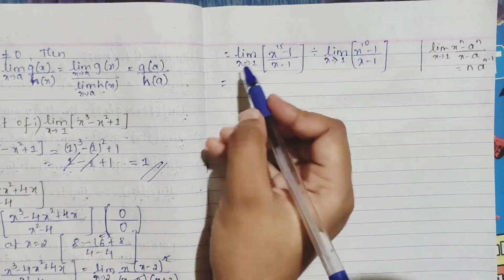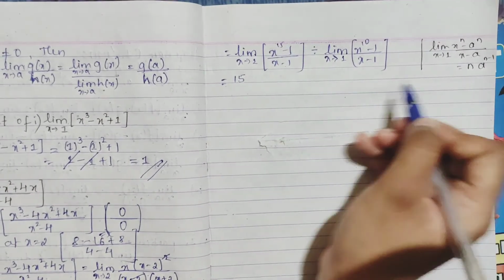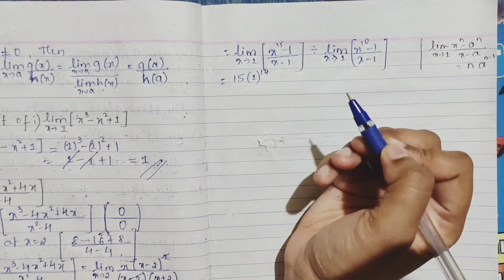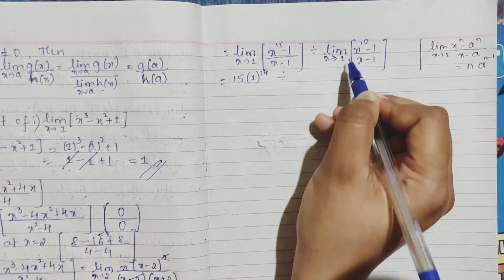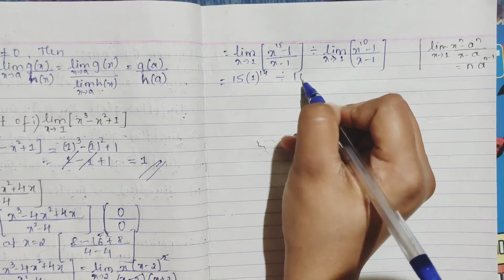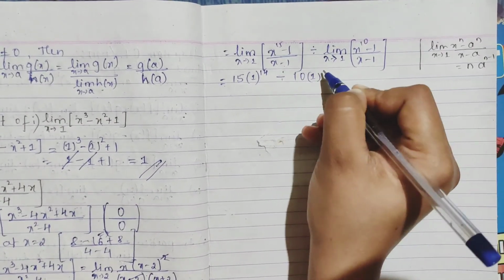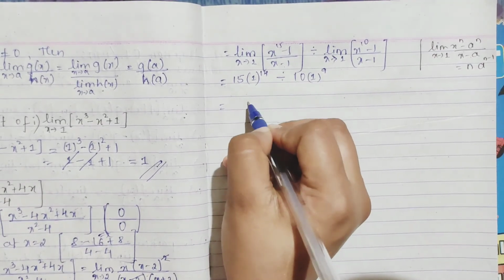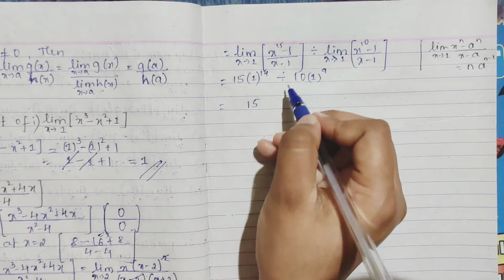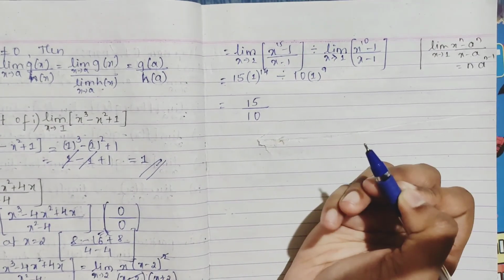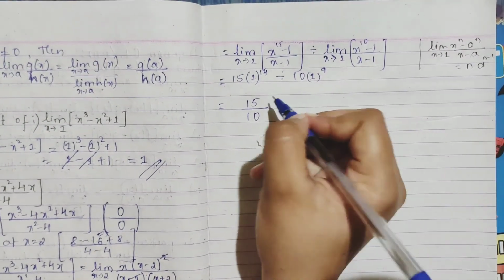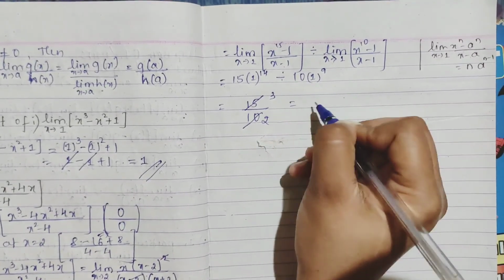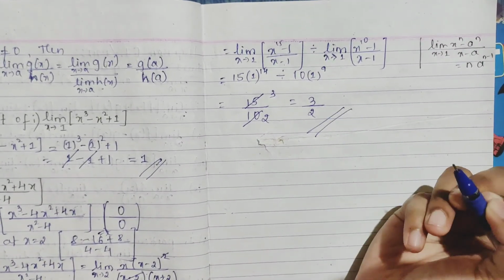So n is 15, a is 1, n minus 1, 15 minus 1 is 14, divided by, here n is 10, a is 1 raised to 10 minus 1 is 9. So 15 times 1 raised to 14 is 15 only, divided by 10 only. Division it is. So 5 threes are 15, 5 twos are 10, so you'll get the value as 3 by 2, right?